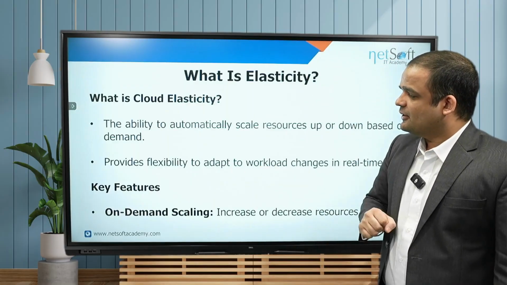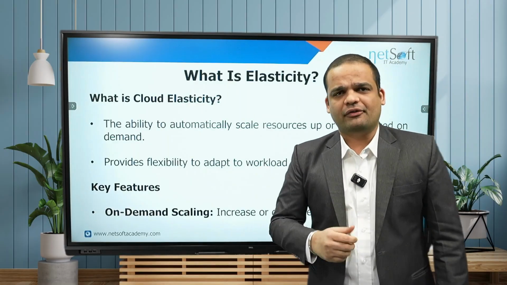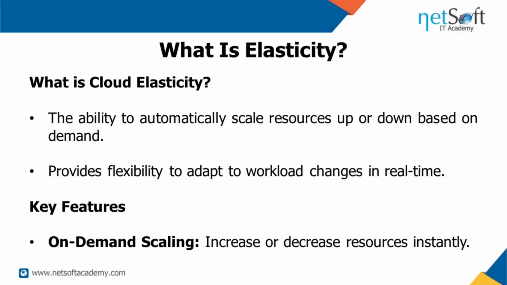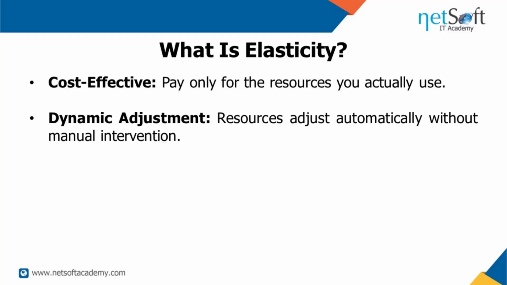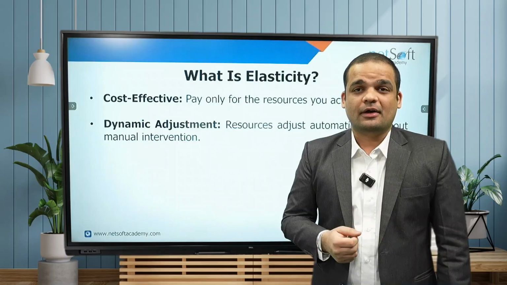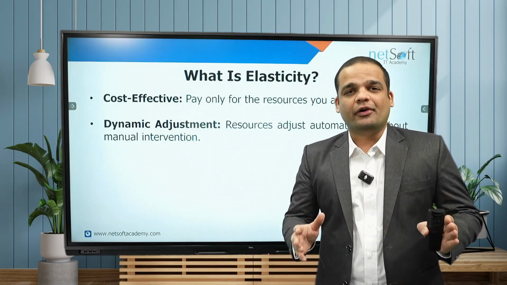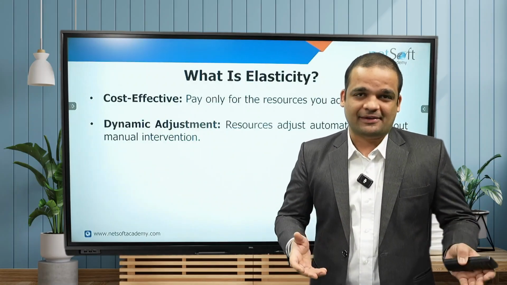Let's dive deep into the key features of elasticity. The first one is on-demand scaling. Resources can be instantly increased or decreased according to your workload needs. That is on-demand scaling. Cost effectiveness or efficiency: you basically only pay for the resources you actually use. So there is no over-provisioning or wasted capacity here.